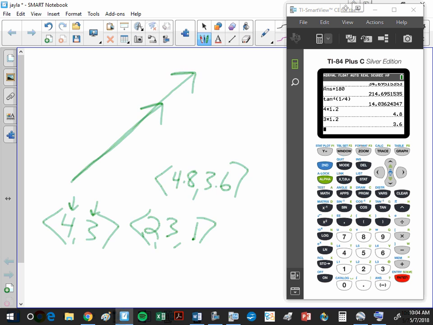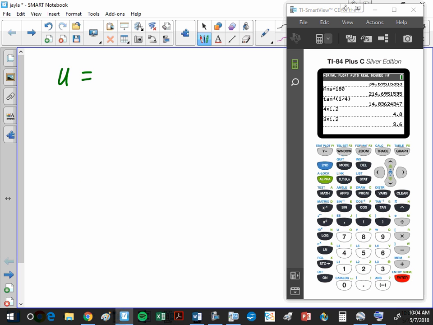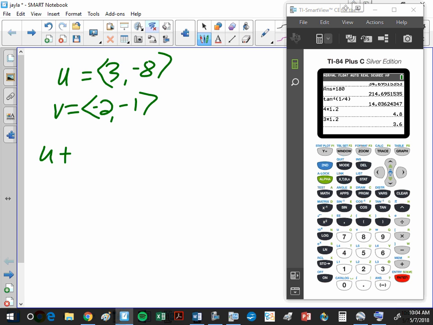Okay. So let's say u was 3, -8, and v was 2, -2, let's say -1. What is u plus v? You just add the corresponding parts.